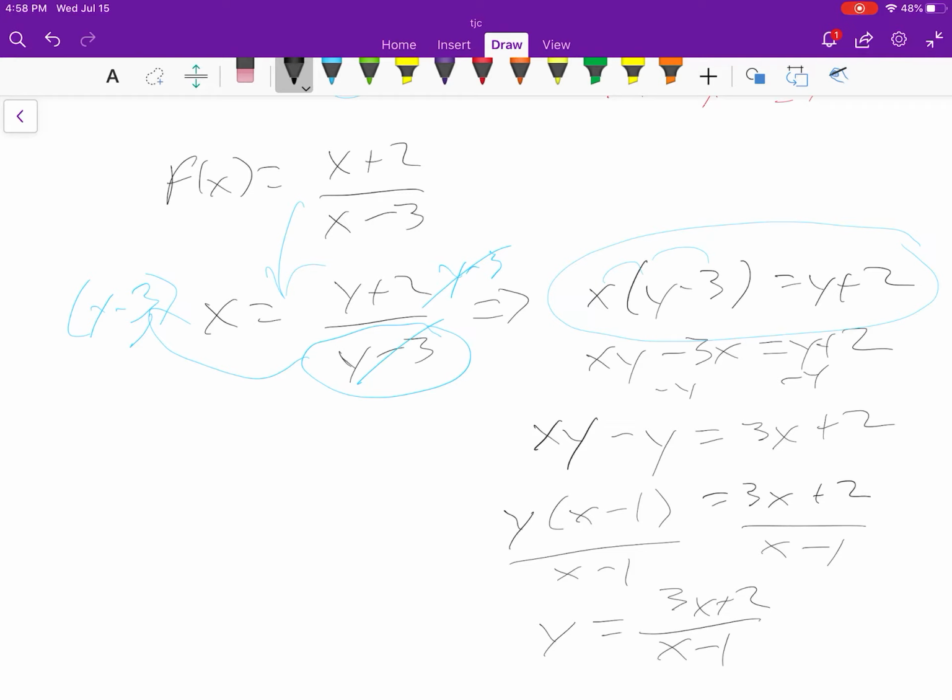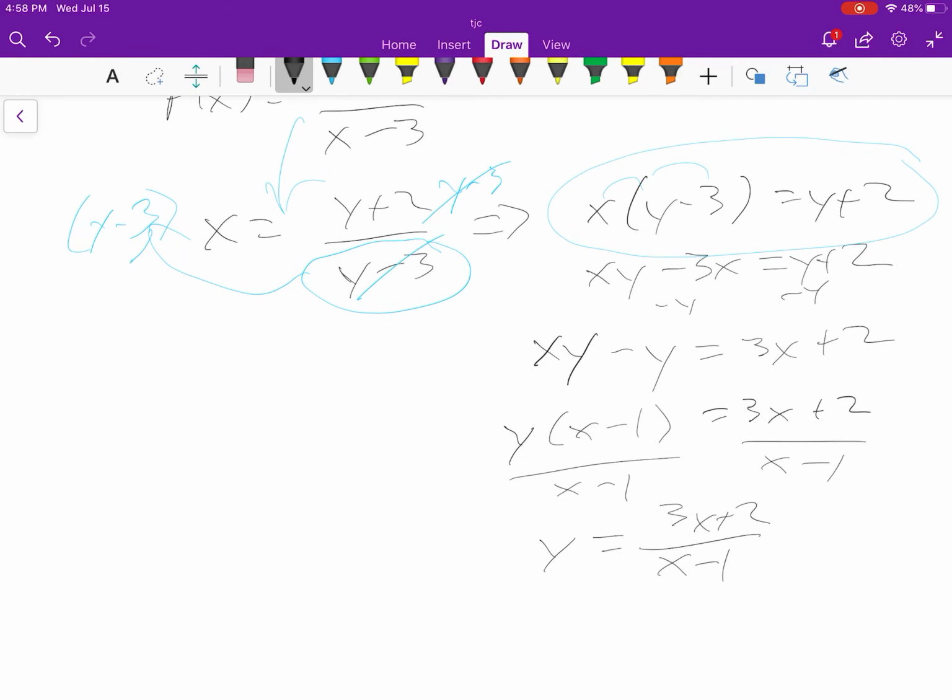But other than your restrictions on your domain being different, you can plug it in and you will get x when you plug it in. It will require more math work, but that's the inverse. So f inverse of x equals 3x plus 2 over x minus 1. Okay?